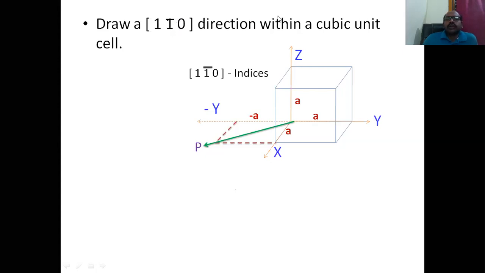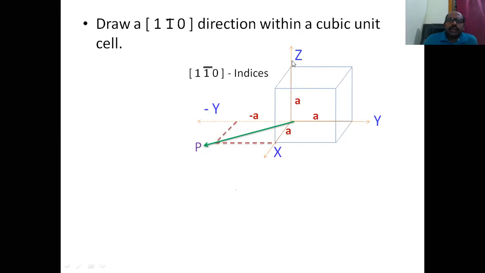Whenever the bar is written over the head, it indicates that the intercept is on the negative axis side. Our aim is to identify this direction. Since it is a direction, we try to find a point which fulfills this information, so we should locate a point.